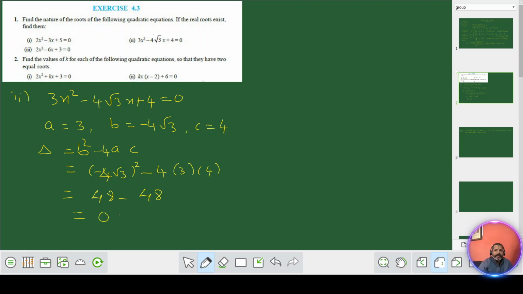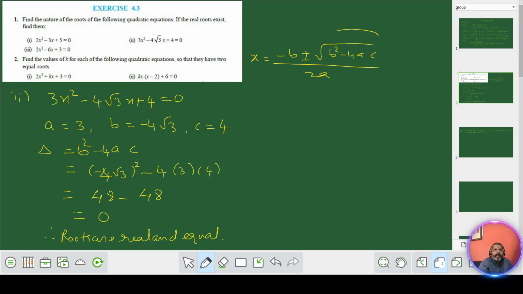When discriminant is 0, therefore roots are real and equal. Please understand, you have to write complete. Don't just write real. You have to write real and equal. Then the roots can be found by the formula which I said just now, minus b plus or minus square root of b square minus 4ac by 2a.